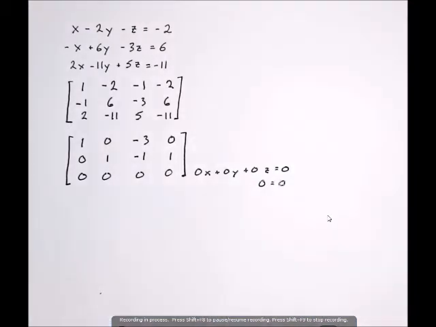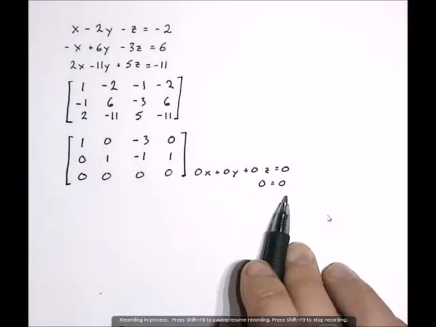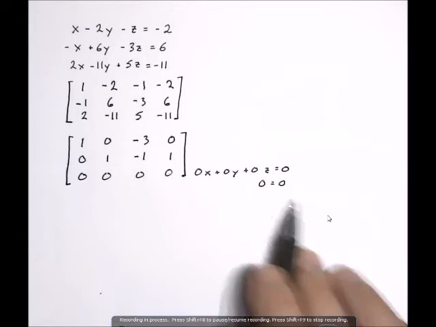0 equals 0. And in linear equations, whenever you got something like this out, you said there were an infinite number of solutions. And there are an infinite number of solutions here. We just have to be a little bit more explicit about them.